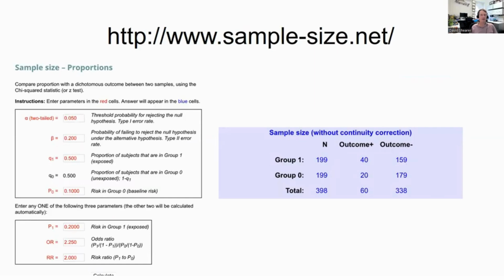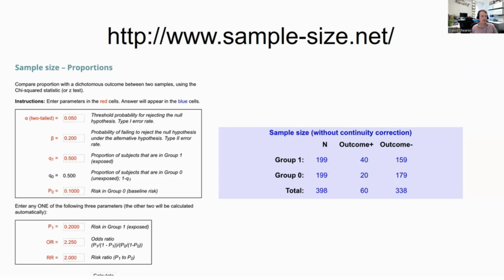So this is kind of a cool resource. All statistical software generally has a package or a command for doing the sample size calculation, but this is a nice free website that UCSF has that you can punch into your browser. It's just samplesize.net. When you go to this website, you'll see the different types of outcome measures. You just click the link and then put all these numbers in for your particular study.